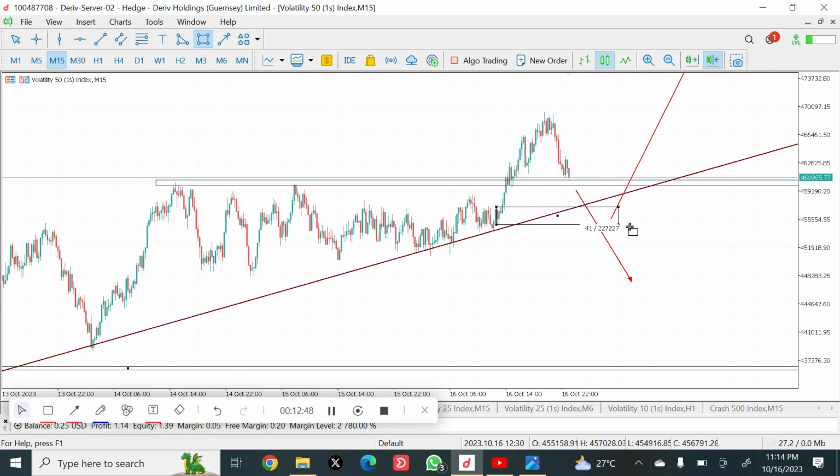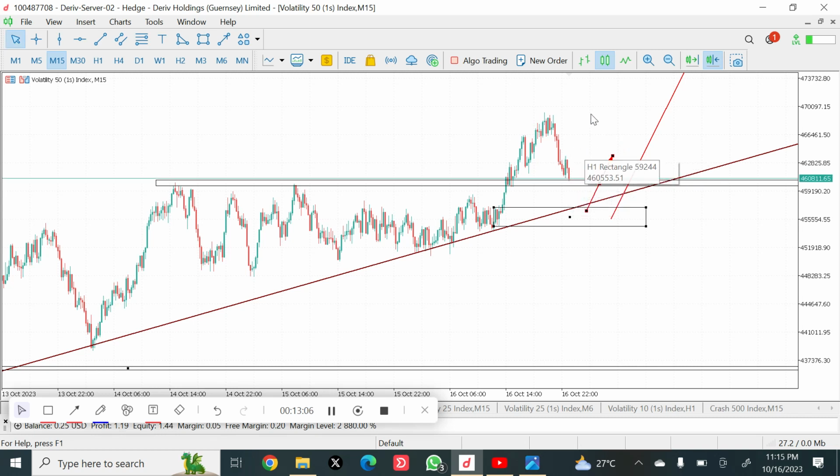So if that area should fail, then I'll be aiming at this demand zone right at this spot, which is in confluence with the trend line, to hold price so that we can move to the upside. So this has been my expectation.